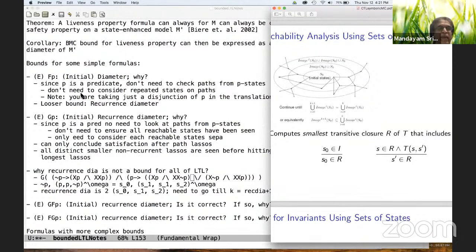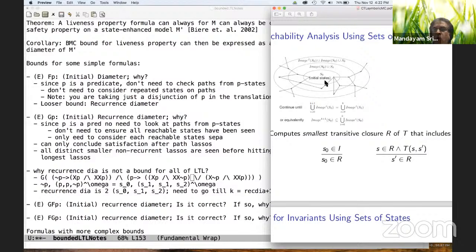Why is that? The looser bound is the recurrence diameter, which is the longest that you can go without any state repeating before you lasso. So you would have encountered all the states by the time you reach the diameter, and certainly by the time you reach the recurrence diameter.